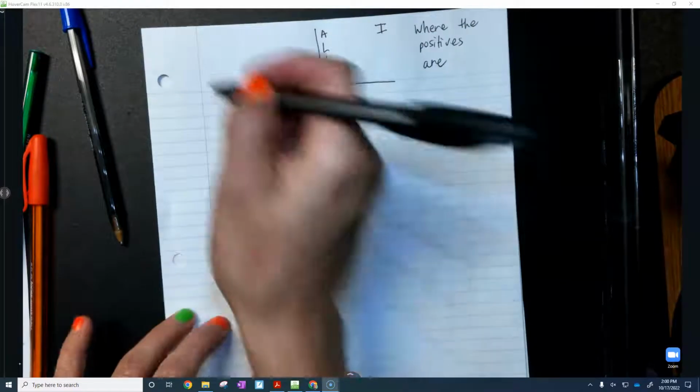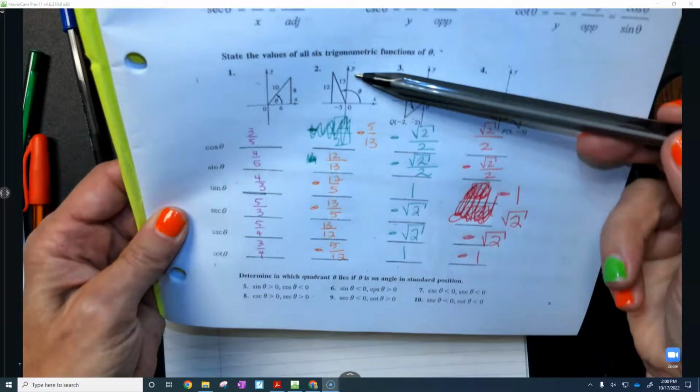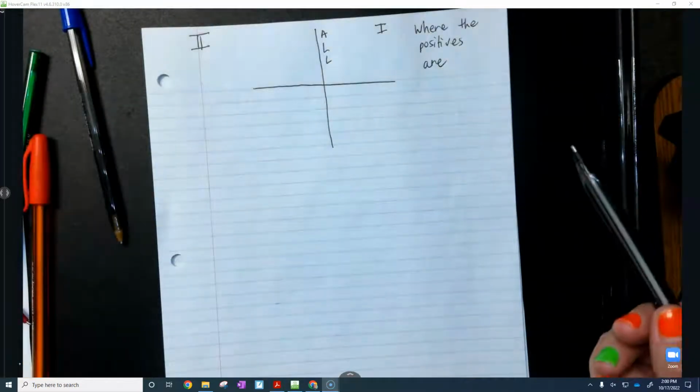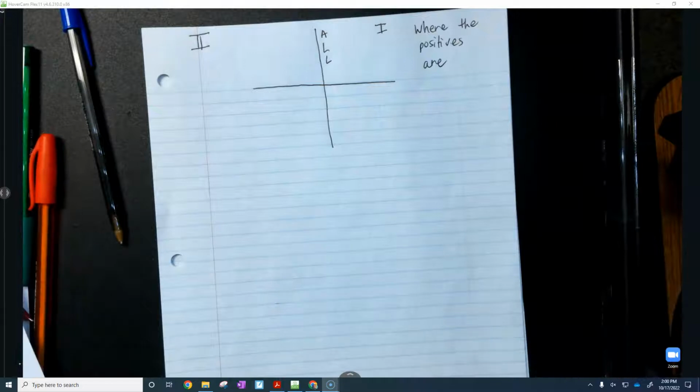All right, let's go ahead and take a look at what's going on in quadrant 2. Which ones were positive when theta was in quadrant 2? There were only 2 of them that were positive. What are they? What ratios? Look at your table. Look at your columns. Oh, sine and... Yes, sine and what else? There's another one.